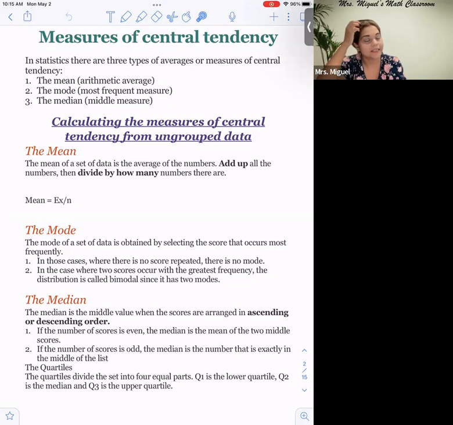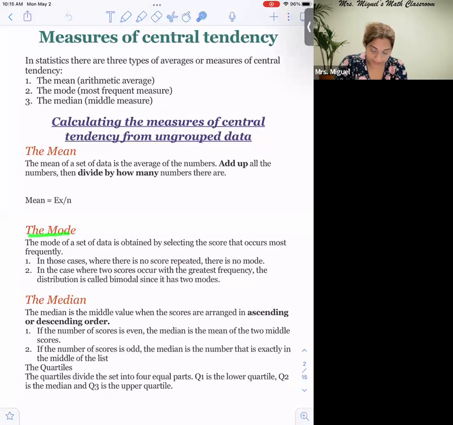How many is the number. So for example, 30 students, so you divide by 30. So the mean is the average of a set of numbers. You simply add the numbers and divide by how many numbers there are. So in a few minutes, I will stop and I will tell you exactly what to write. So bear with me for a few minutes.